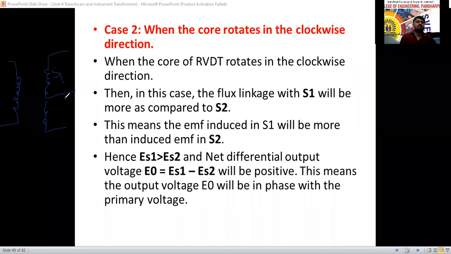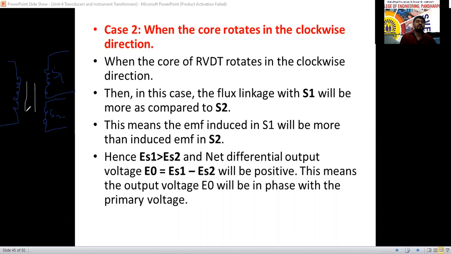This is S2. I will draw the magnetic core in this position. I will call this position the null position.